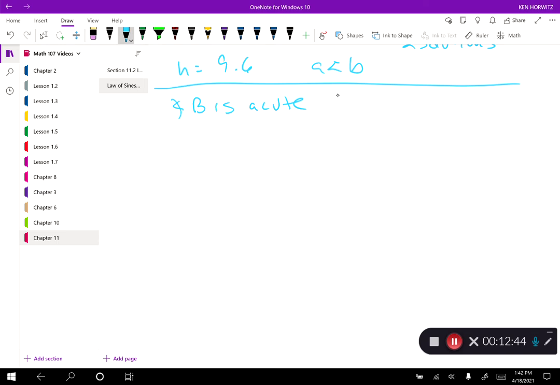So let's redraw our triangle with angle B being acute. There's A, there's C, there's B, here's 15, here's 12, and angle A was 40, so let's put in the 40.